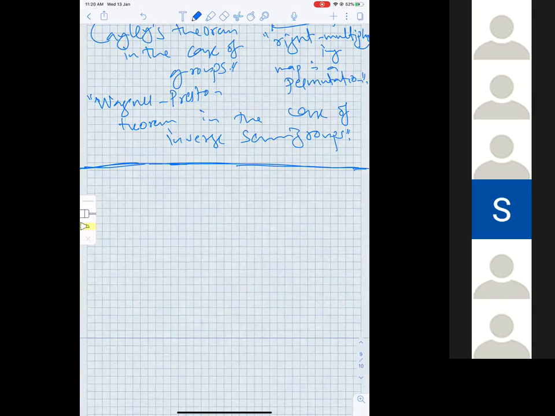So today we learn what morphisms of semigroups are, what a subsemigroup is. Now let's get into semigroup congruences.